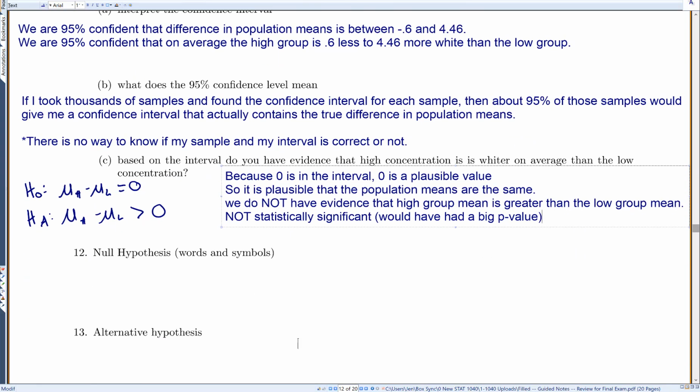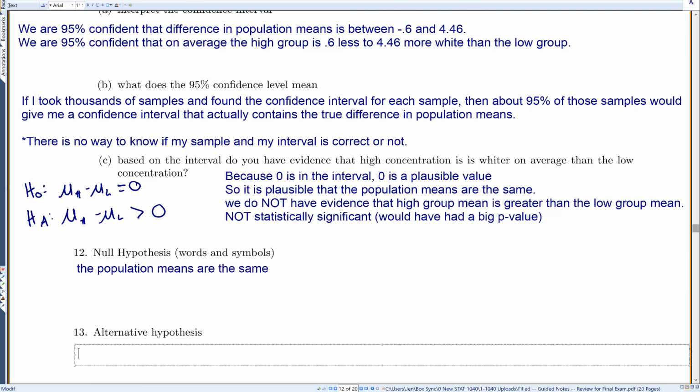Now that we've done all that, let's practice writing our null and alternative hypotheses. We already wrote them in symbols up there, so let's just write them in words now. Our null hypothesis would be that the population means are the same, and the alternative hypothesis would be that the population mean for the high group is greater than the population mean for the low group.